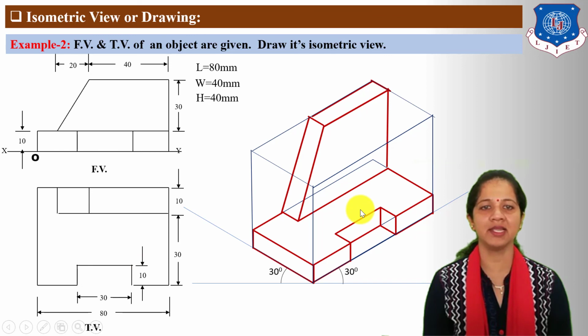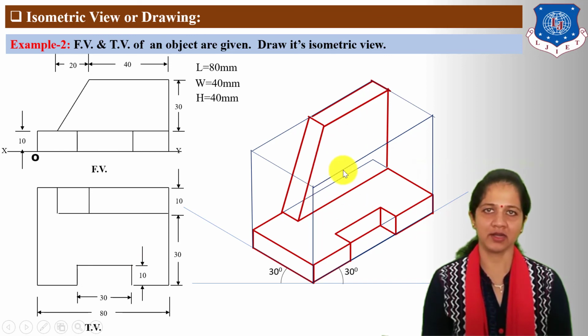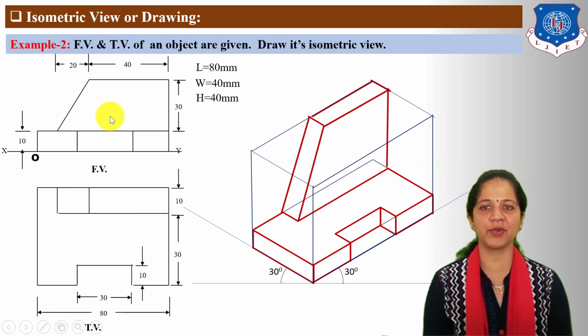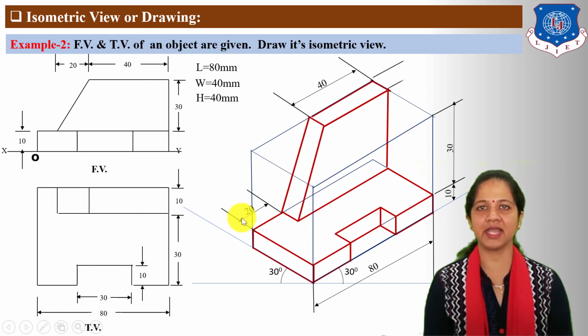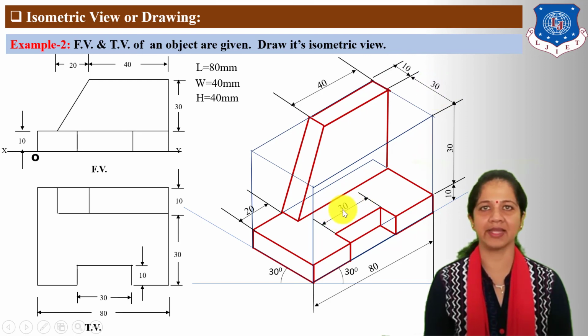So accordingly complete 3D view or drawing as per given orthographic projection. At last locate dimensions: 80 mm length, 10 mm height, 30 mm height, 40 mm length, 20 mm length, 10 mm width, 30 mm width, 30 mm length.